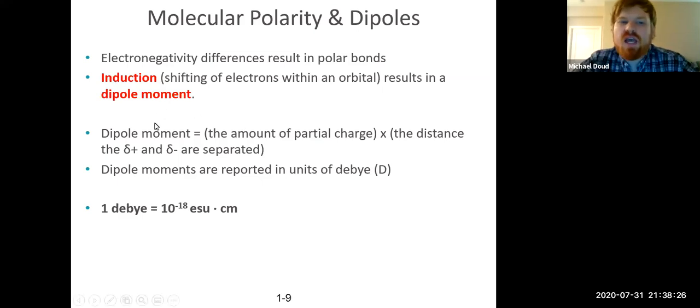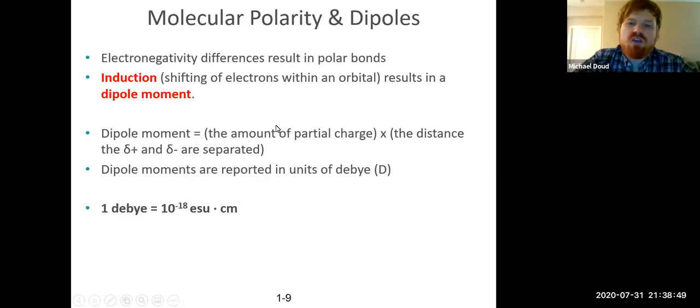Okay, so the dipole moment tells us how polar a molecule is. If you have a completely nonpolar molecule, like hydrogen, the dipole moment is going to be 0. That falls out of this equation, where the dipole moment is equal to the amount of partial charge in the polar bond times the distance that the 2 charges are separated.